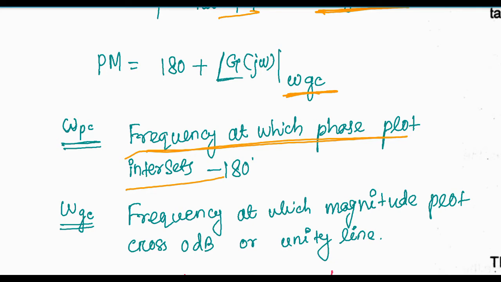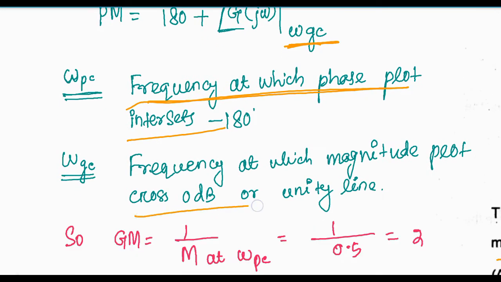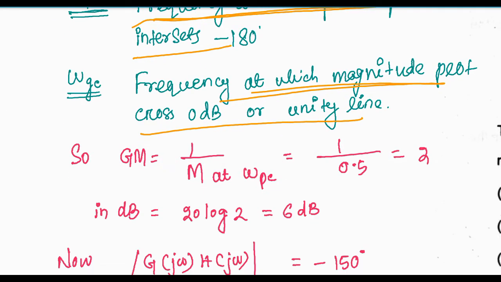And what is the gain crossover frequency? This is the frequency at which the magnitude plot crosses the 0 dB or unity line. So gain margin is equal to 1 by M at omega pc.